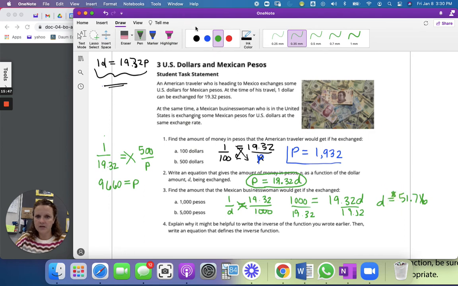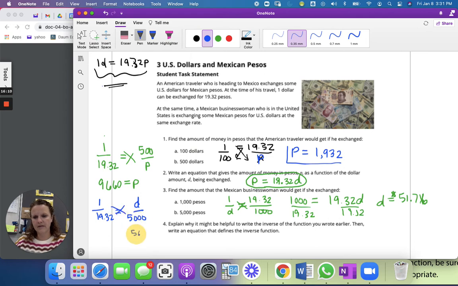All right, let's try it again. 5,000, and we're going to set up the ratio different. So $1 over 19.32 pesos equals how many dollars over 5,000 pesos? So cross multiply.